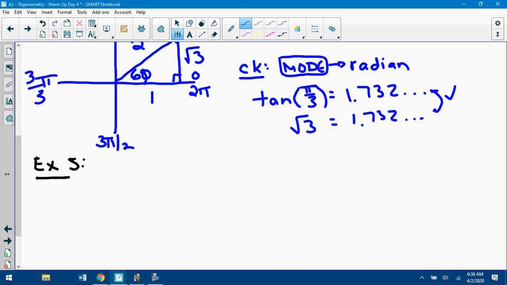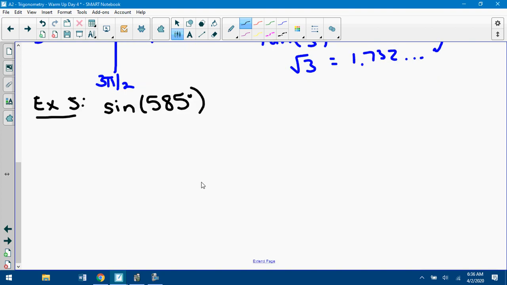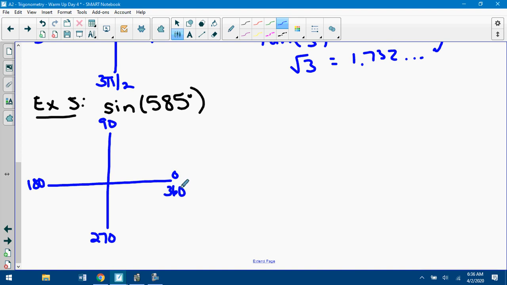Example 5. Sine of 585 degrees. What quadrant's that going to be in? Let me set it up. 0, 90, 180, 270, 360. 585 is obviously more than 180 or more than 360.